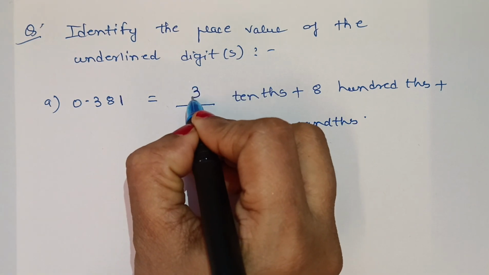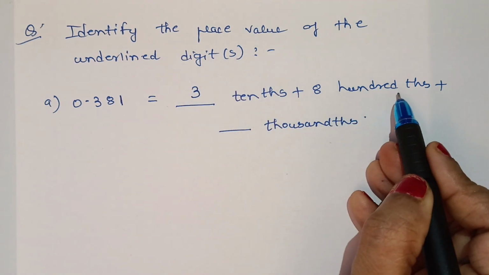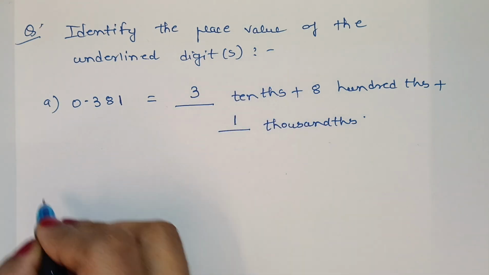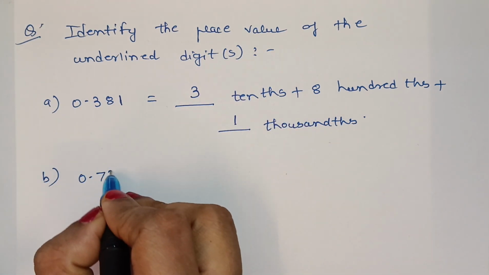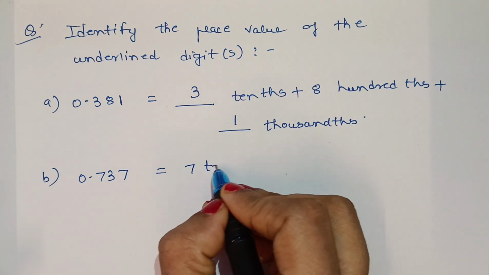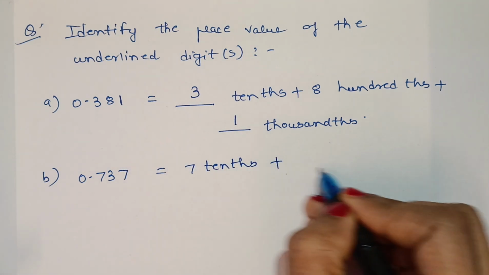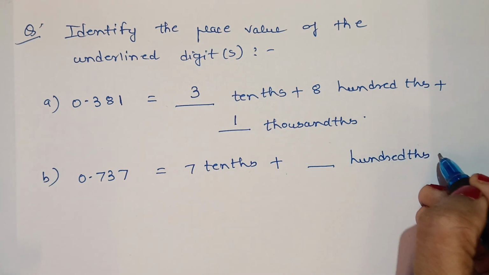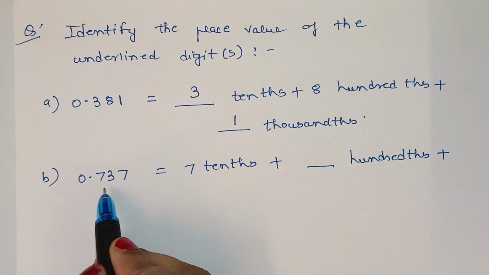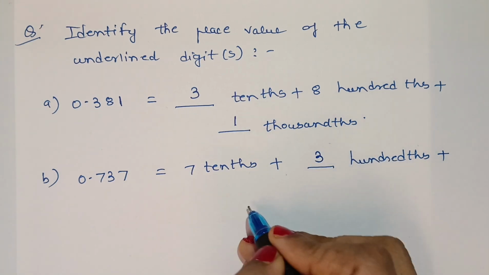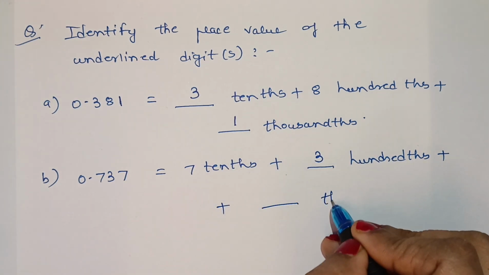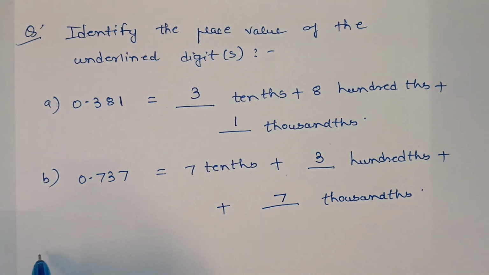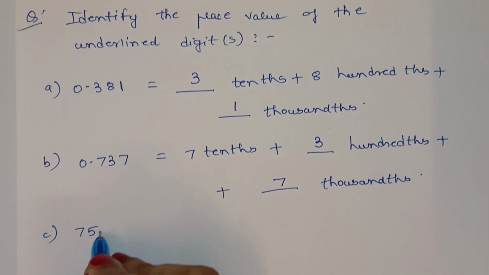So here what will you write? 3 plus 8 hundredths plus dash thousandth. Thousandth means your answer is 1. Next, 0.737. So 7 tenths plus dash hundredths. So what is the answer in this underlined part? 3. Plus dash thousandth, 7. Let's see the next question.